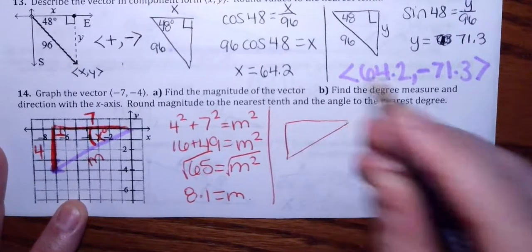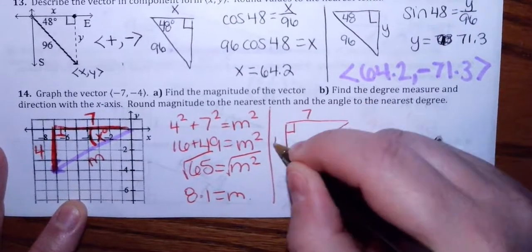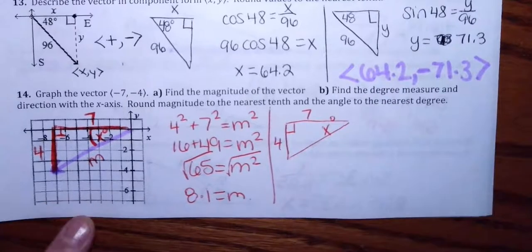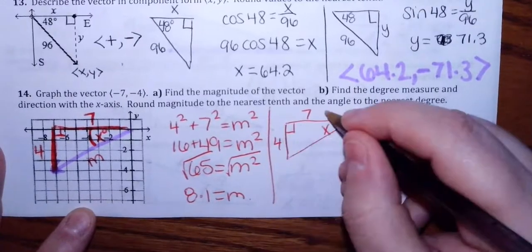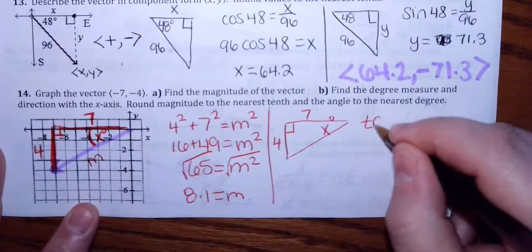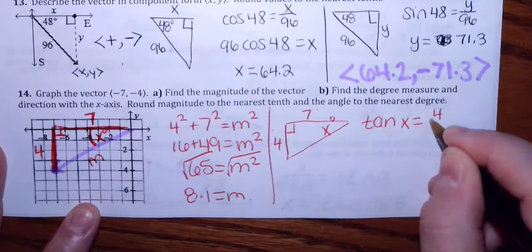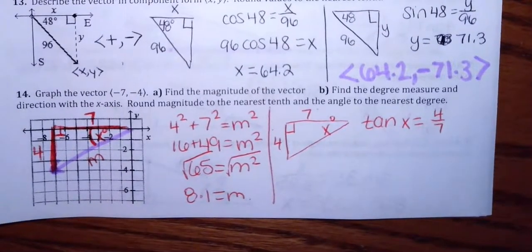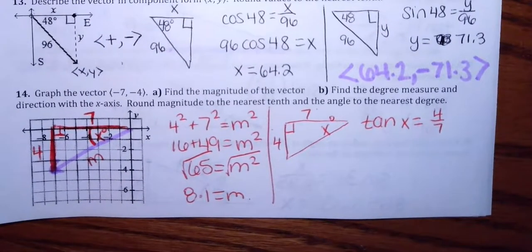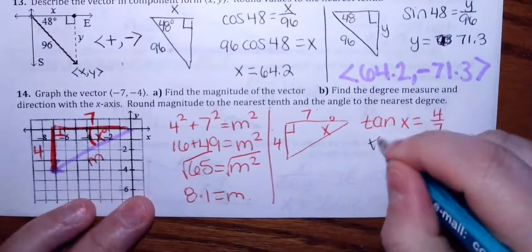So 7, 4, here's my angle. 4 is opposite, 7 is adjacent, so I'm going to use tangent to figure this out. And we'll do an inverse tangent, so that cancels the tangent out. So I'm going to do tangent inverse here.